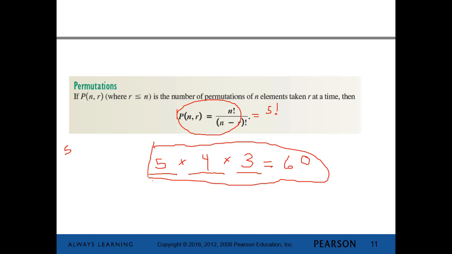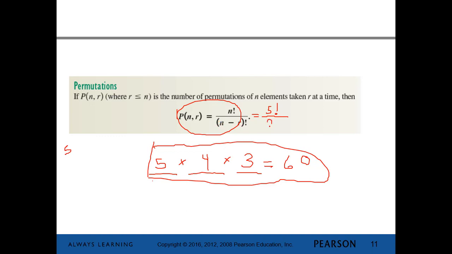Now, I'm going to divide by n minus r factorial. What's r? R is the number of books I'm choosing. So n is the number of books I have available to choose from, and r is the number of books or objects I'm choosing. So on the bottom, in parentheses, it's going to be n minus r, which in my case is 5 minus 3, which is 2.